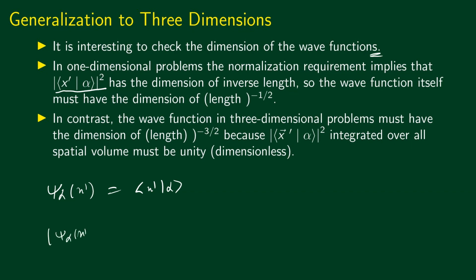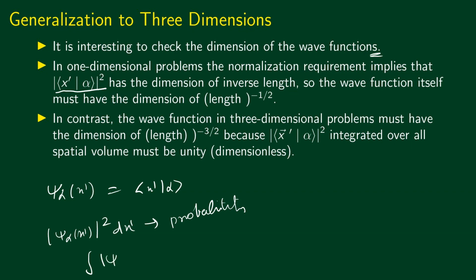Modulus square of psi alpha of x prime times dx prime is the probability of finding the particle in a small interval dx prime around the point x prime. So if I integrate this probability over all one-dimensional space, I should get 1. That's the normalization requirement.